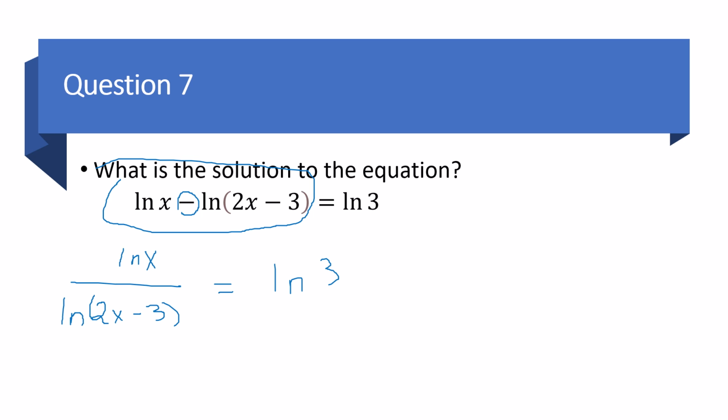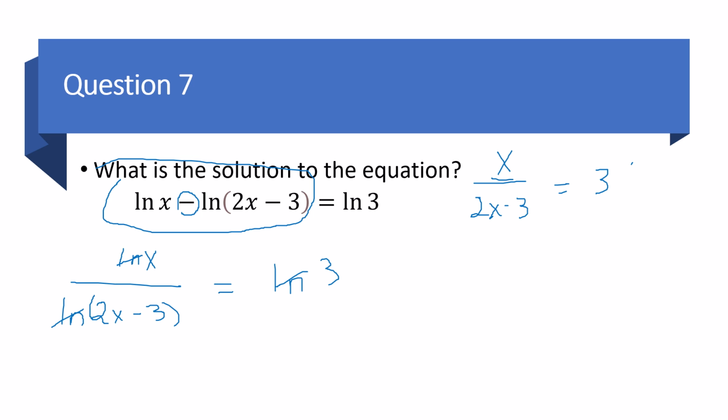All right, let's just go ahead and take the natural log out and set up our equation. So we have x over 2x minus 3 is equal to 3. Now what do we do here? We want to get rid of that fraction because we have a variable in the denominator.